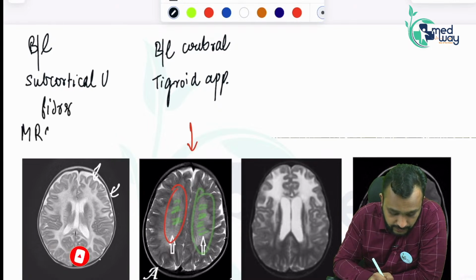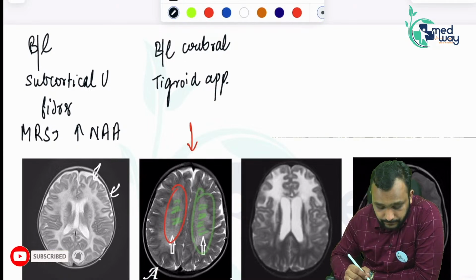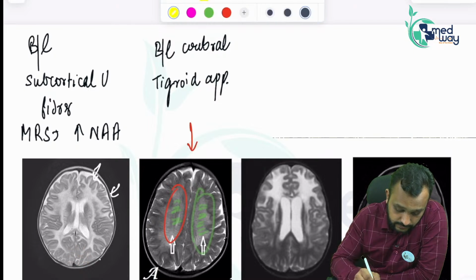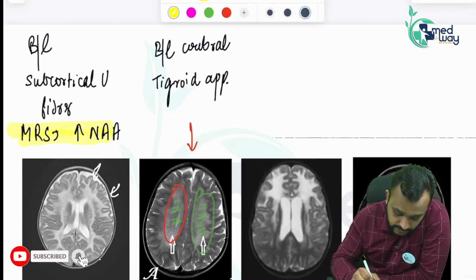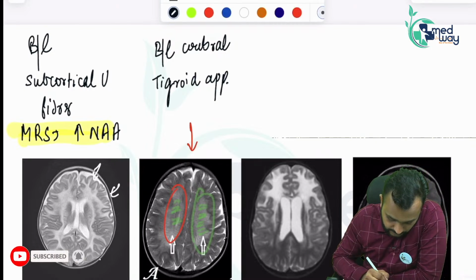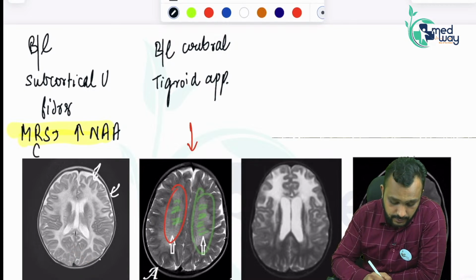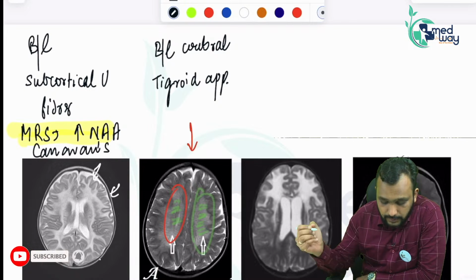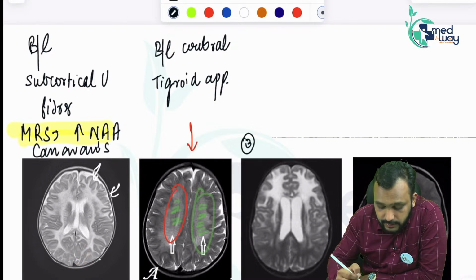And if I talk about MRS, it is going to show increase in NAA levels, it is going to show increase in choline levels. So this is seen in a case of Canavan's disease, right? Canavan's disease, right?